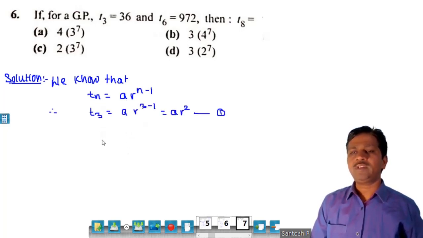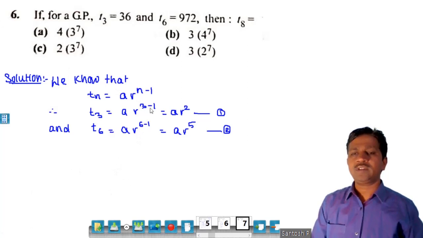Put n equals 3 here and you will get T3, which is A into R raised to 3 minus 1, that is AR squared. And T6 can also be calculated similarly, A into R raised to 6 minus 1, that is A into R raised to 5.